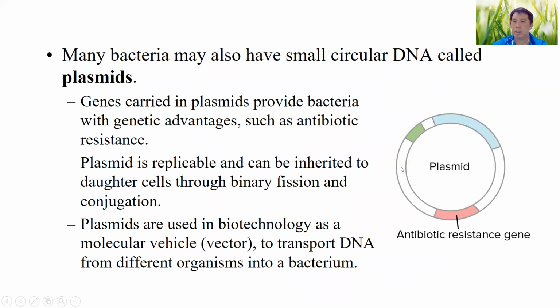As you can see in this diagram, the plasmid contains the antibiotic resistance genes, which enable the bacteria to resist certain antibiotics. These plasmids are replicable, which means they can be replicated and inherited by the daughter cells during binary fission and conjugation.